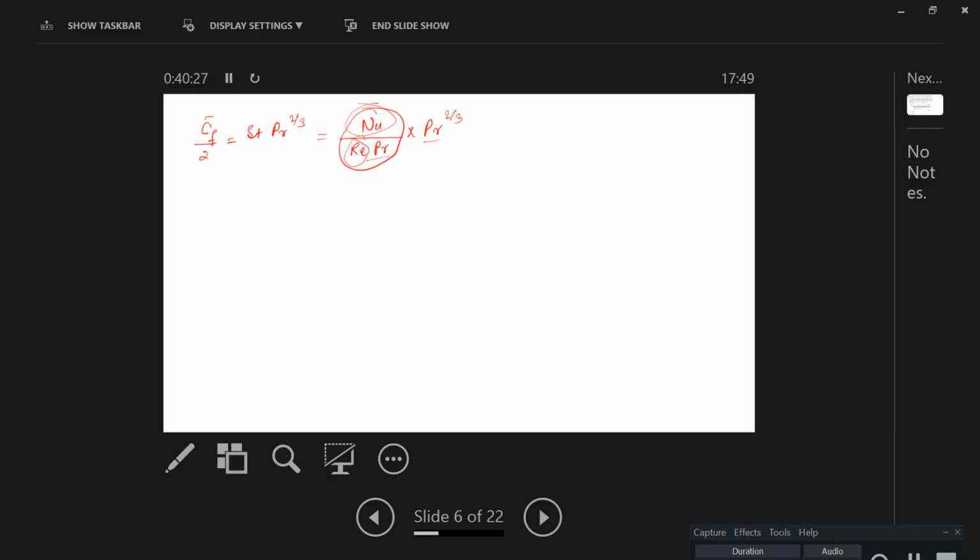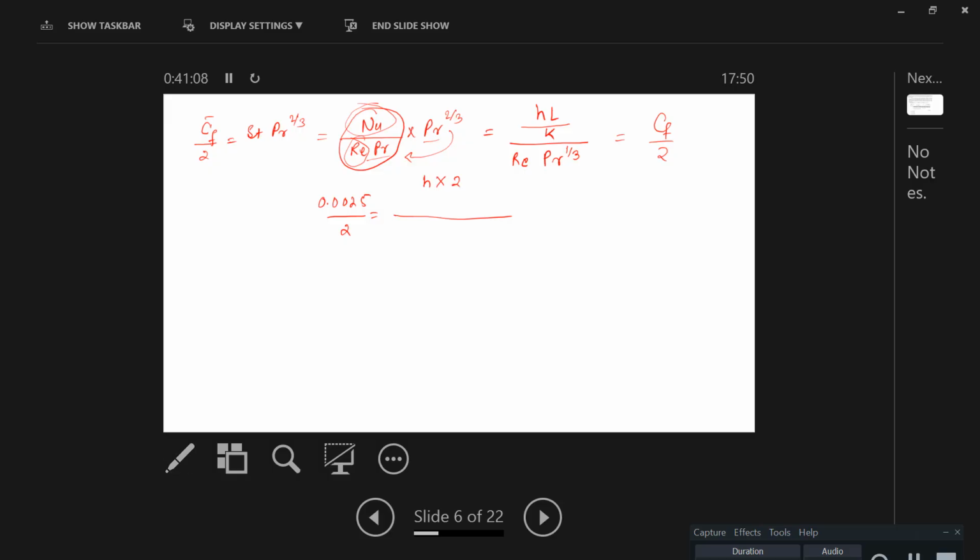Okay, now Nusselt number is given as HL by K. Then Re, Pr you can take here, so it will become 1 by 3. So this is CF by 2, right? So next is CF. If you directly take all the values, you get 0.0025 divided by 2 equal to H into characteristic length.